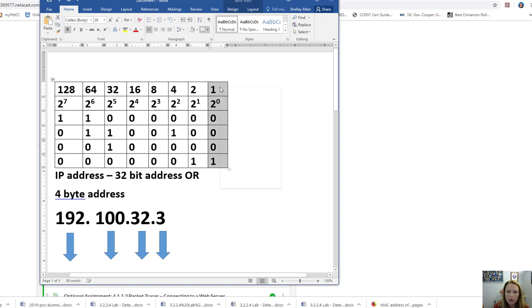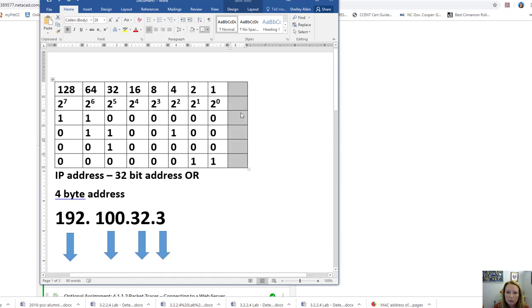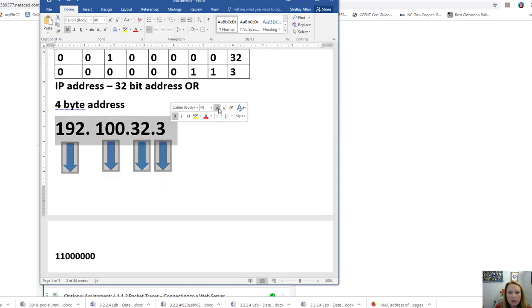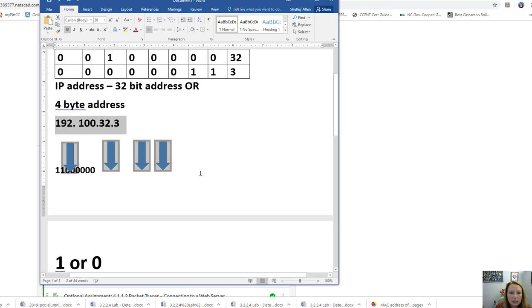So I'm going to make a column here. So this is the number 192. This was the number 100. This was the number 32. And this is the number 3. So all of these numbers together, I'm going to make this smaller so it can fit all on one page for you.